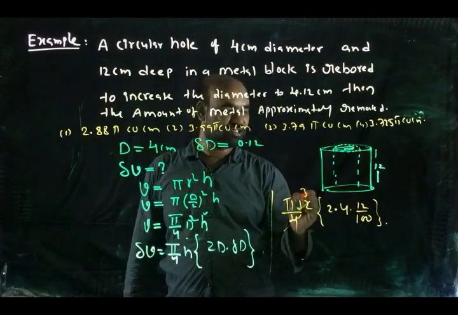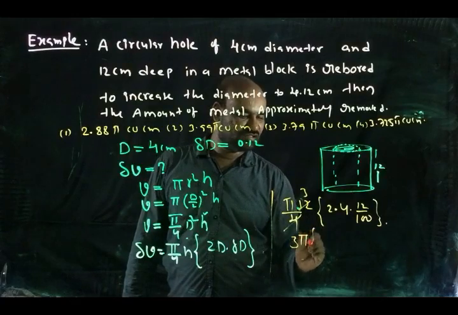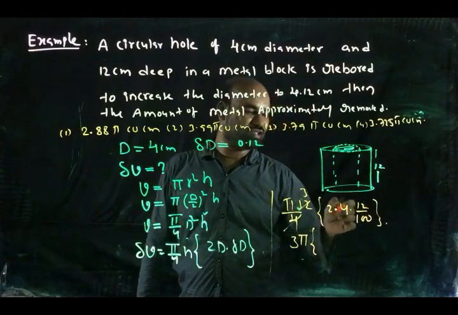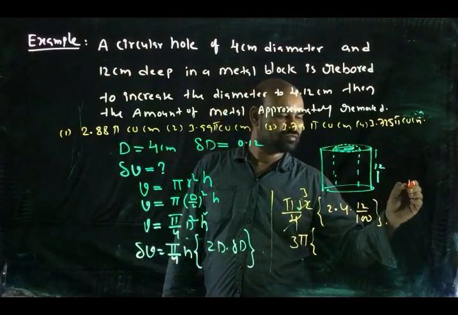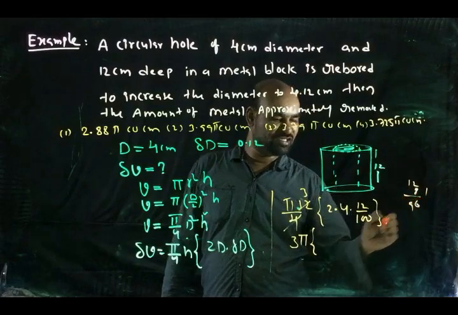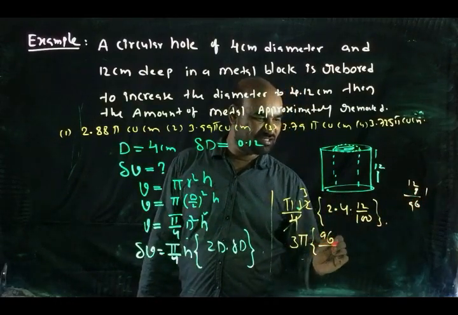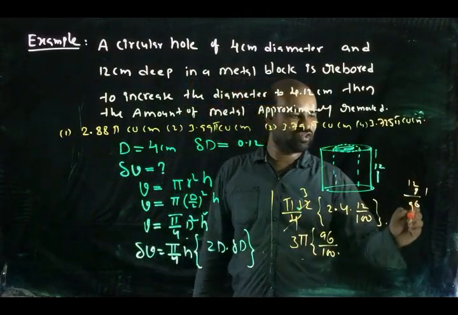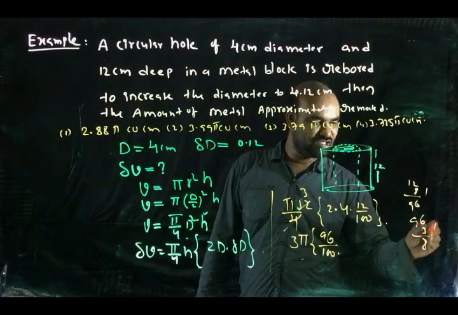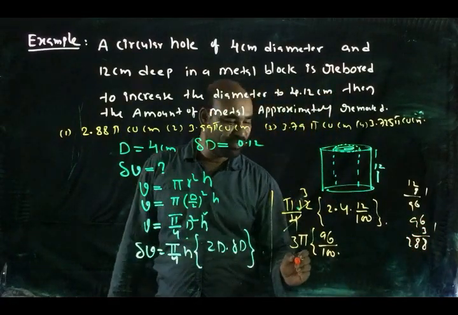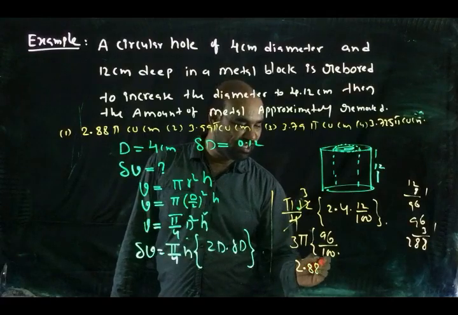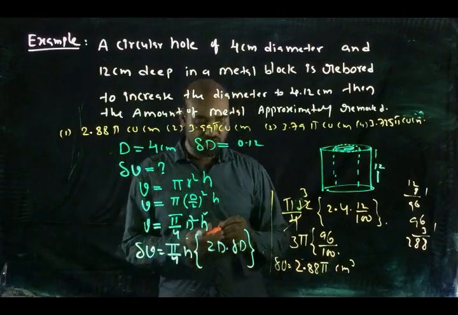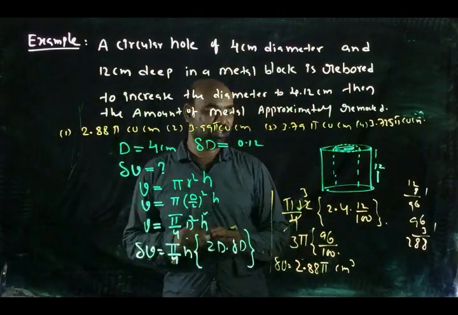Okay, 4 ones are 4, 4 3s are 3 pi, 4 2s are 8, 8 12s can cancel. 8 12s are 96, 12 8s are 96, by 100. So we need to multiply 96 with 3, which gives 2.88 pi centimeter cube. This is the amount of metal removed from the block.